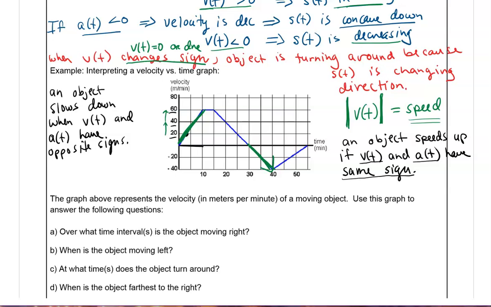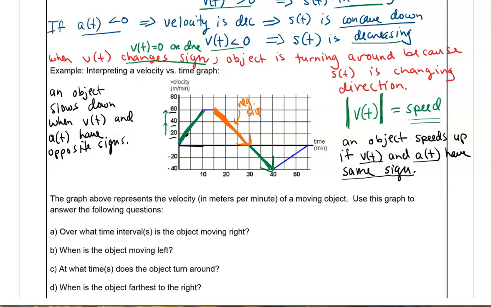On this graph, it would be this interval here. You have positive velocity values, but they're heading towards 0 because the slope is negative.